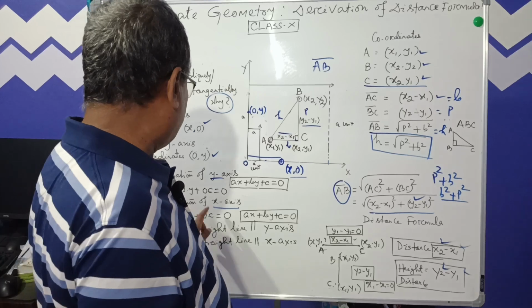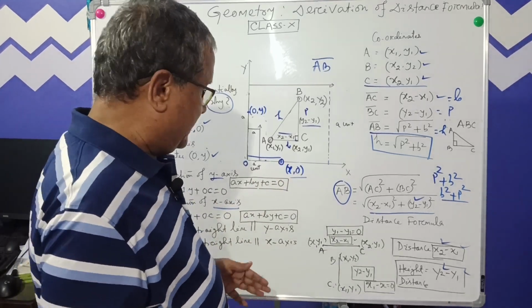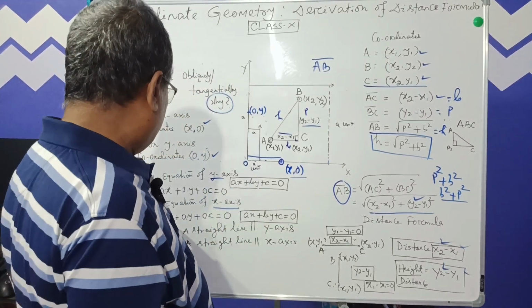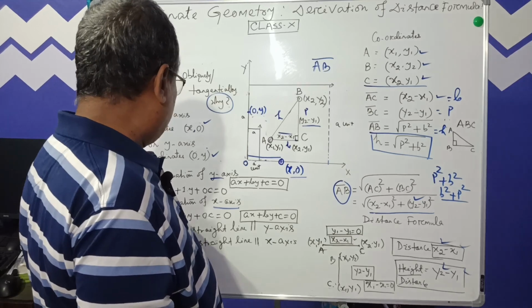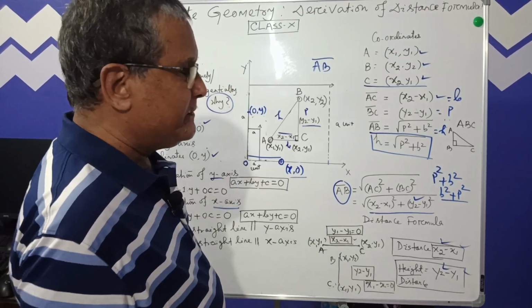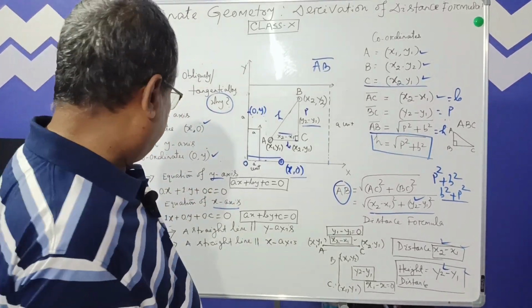So this is the equation of the x-axis. It can be expressed as a linear equation in two variables, that is 1x plus 0y plus 0 equals 0, because y is 0. So it has been taught in class 9.